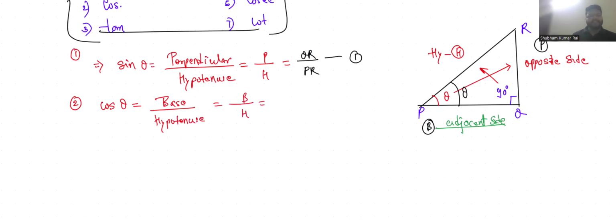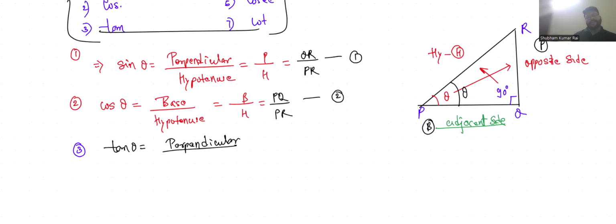The base is PQ upon hypotenuse PR. Then the third one is tan theta. It is perpendicular upon base. The perpendicular is QR and the base is PQ. So these are the three trigonometric ratios.